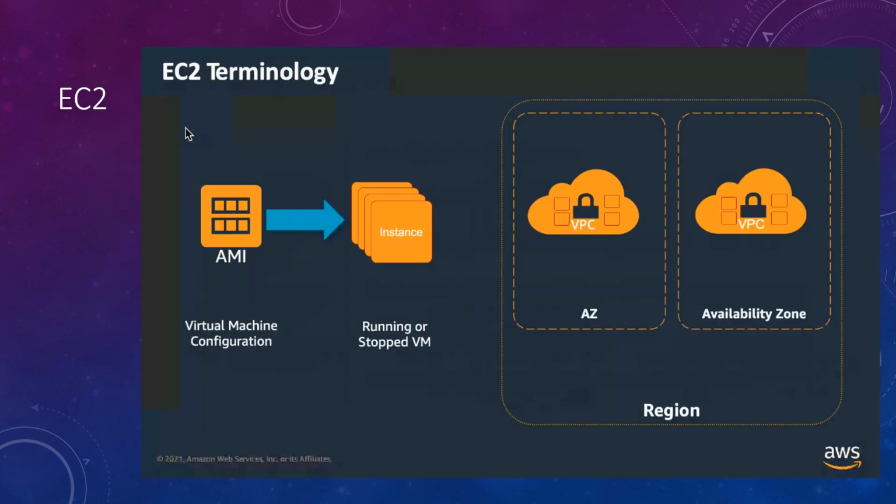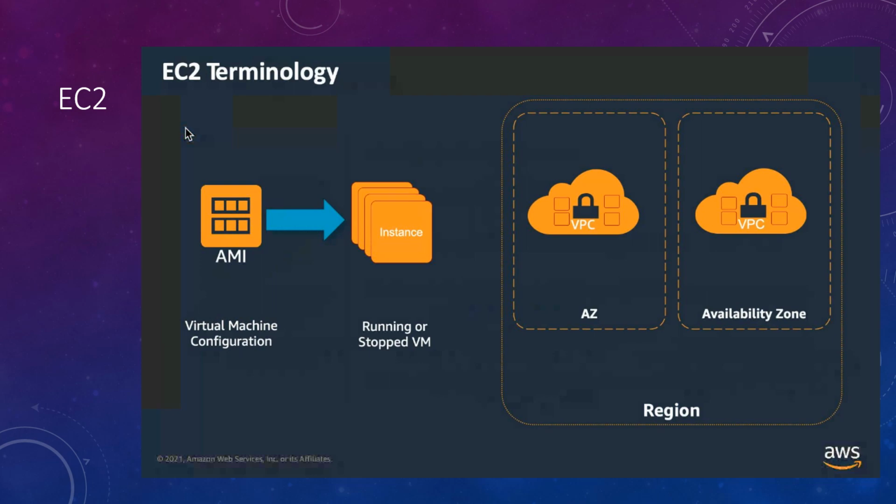So just to get another little bit of terminology out of the way, EC2, as we talked about, was Elastic Compute Cloud. So it's basically the virtual servers or the virtual machines in the cloud. Here's some terminology around EC2s. An EC2 server is created from an AMI. An AMI is the Amazon Machine Image.